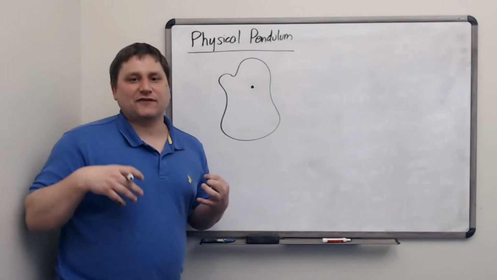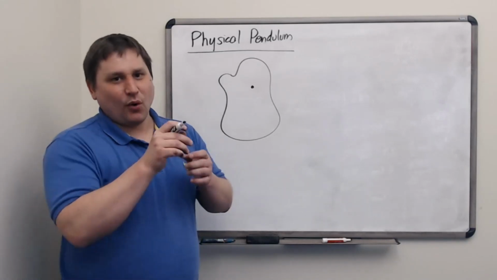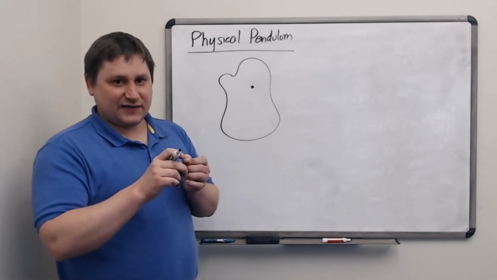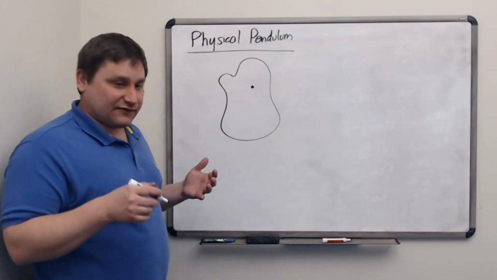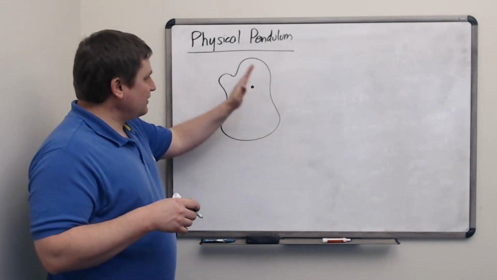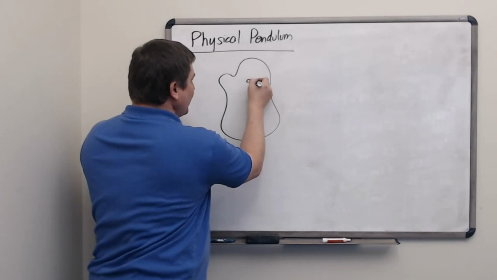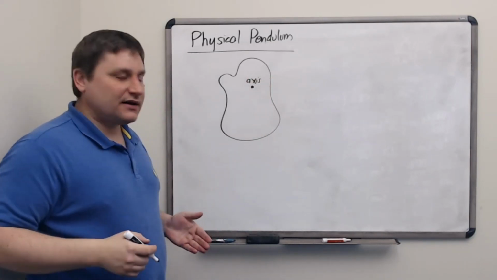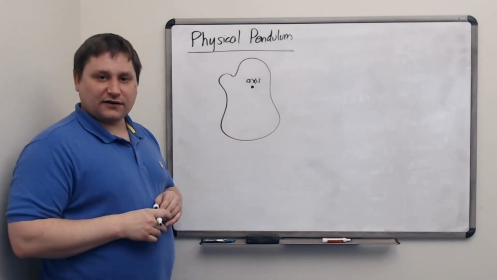And we should expect from our work on rotation that no object is really a point object with all its mass concentrated at just one position. Things usually have some size. So the physical pendulum takes account of that by having a large arbitrary shape pinned down at one point by an axis of rotation, so an axle goes through it, and then allowed to oscillate back and forth under the effects of gravity.